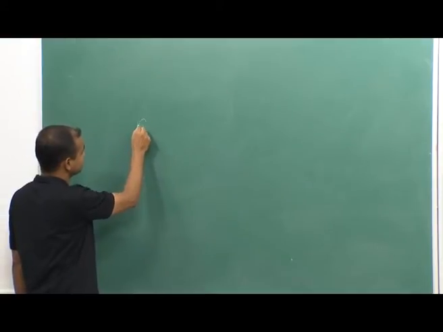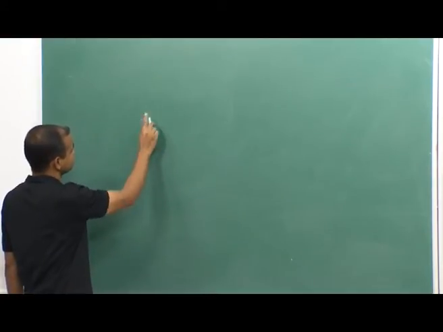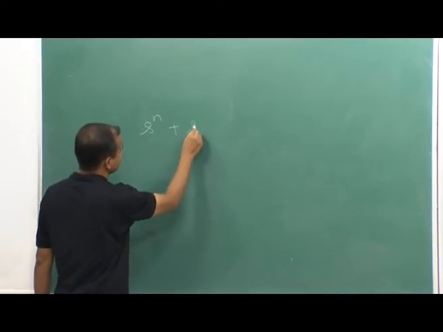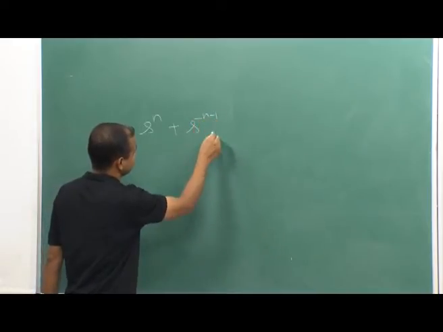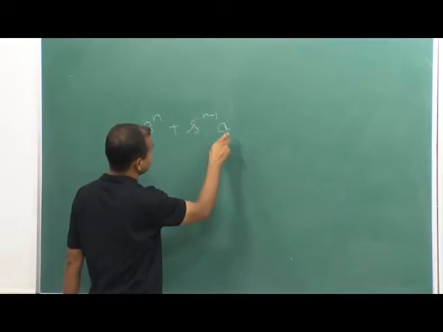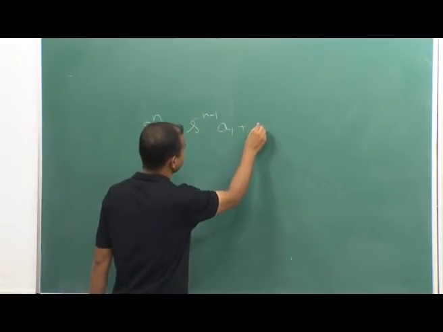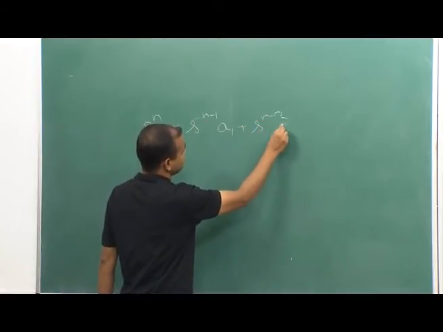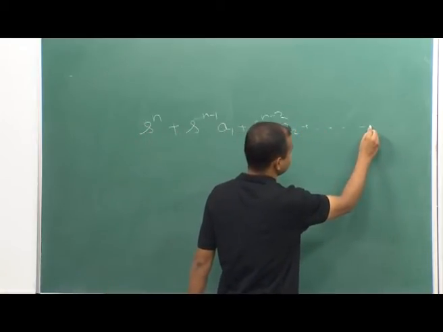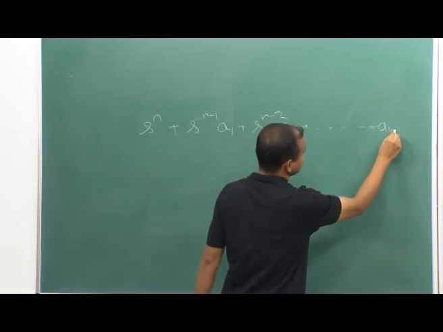Suppose my characteristic equation is s to the power n plus s to the power n minus 1 a 1 plus s to the power n minus 2 a 2 plus something plus a n is equal to 0.